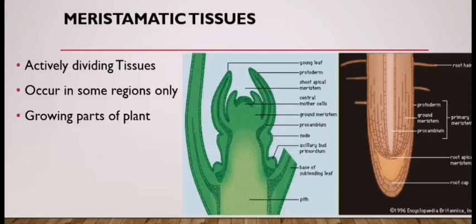It is located in growing parts of the plant, like the shoot tip or the root tip. Shoot tip means the tip of the shoot and root tip means the tip of the root. It is an actively dividing tissue, and as I mentioned, it is in the growing parts of the plant, not in all parts, only in some regions.